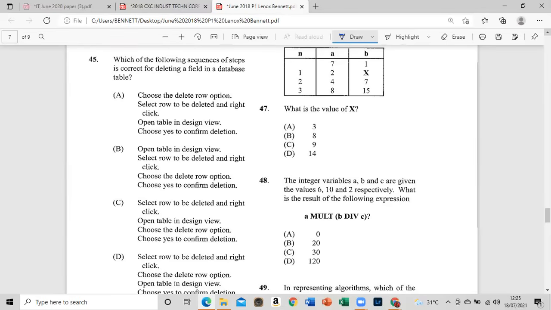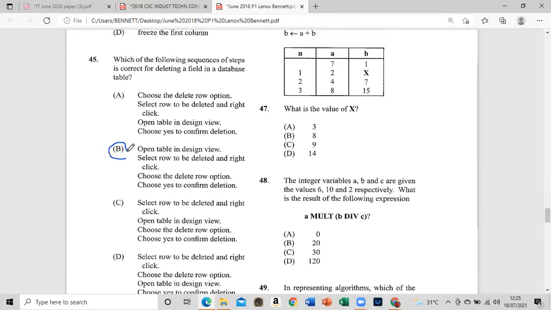You have to select it, and then you have to open it first. Yeah, before you select. After you open it, you select it. So that would be B, based on the options.